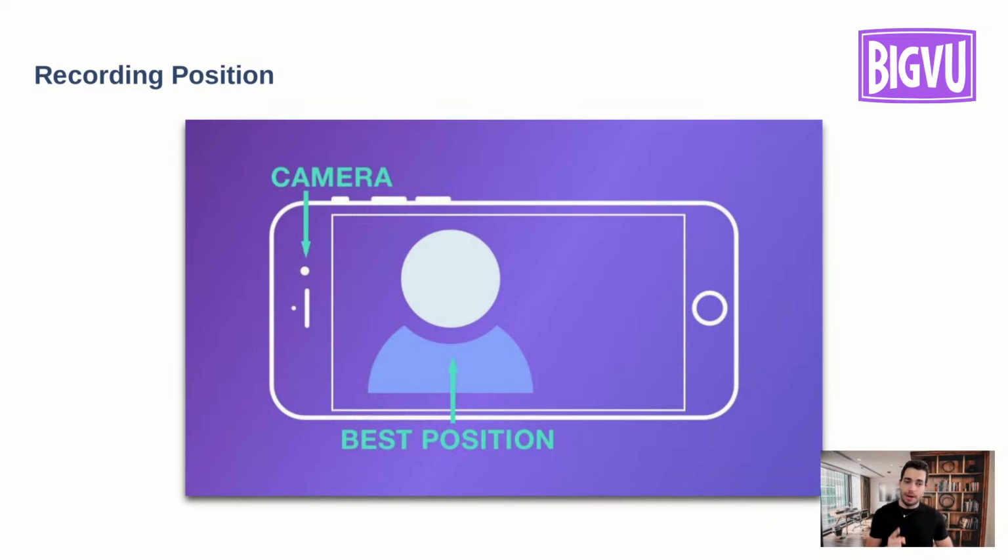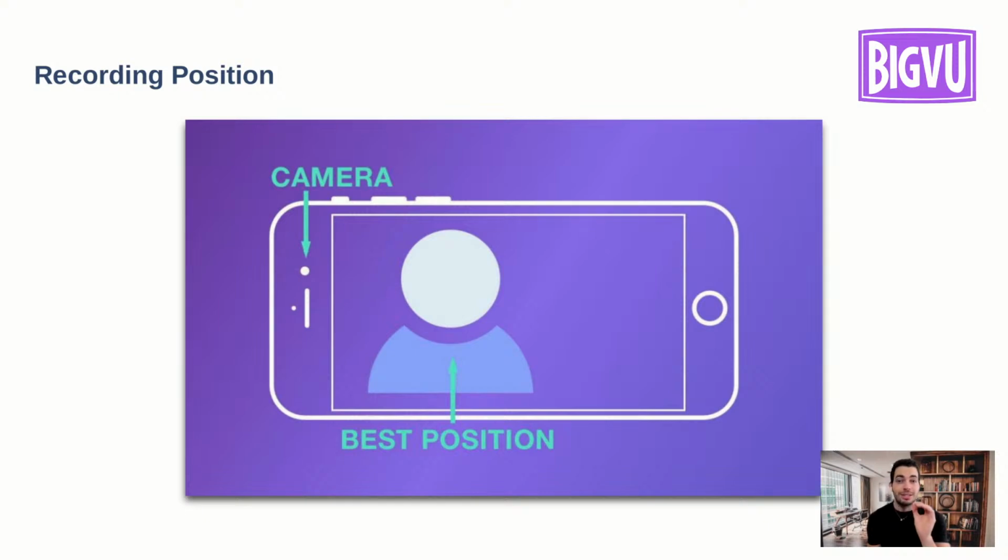The first thing you should have in mind: keep at least one arm's length from the camera. Do not be that close. This could be a little weird. Try to always read the first line of the teleprompter. This is another thing you should have in mind. And the last one, maybe the most important: try to put the teleprompter as close as possible to the camera.